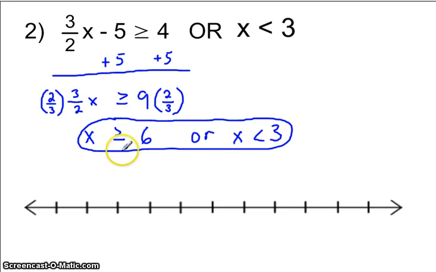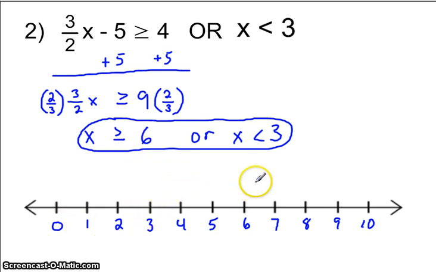So let's see how this looks. X is greater than or equal to 6 and 3. So I'm going to start it here. We just need to be able to fit both on. 2, 1, and 0. It's exciting watching me do a number line. Alright, so x is greater than or equal to 6.